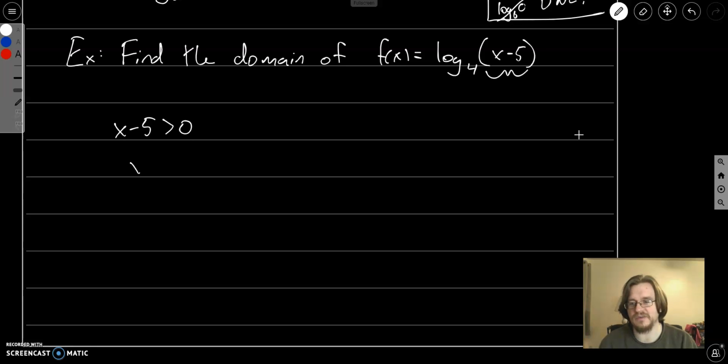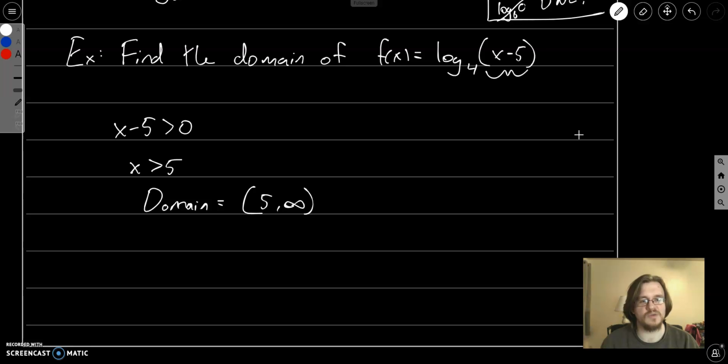If I add 5 to both sides, we get that x has to be greater than 5, and I can write this as an interval. The domain of this function is all of the numbers that are bigger than 5, so 5 to infinity.